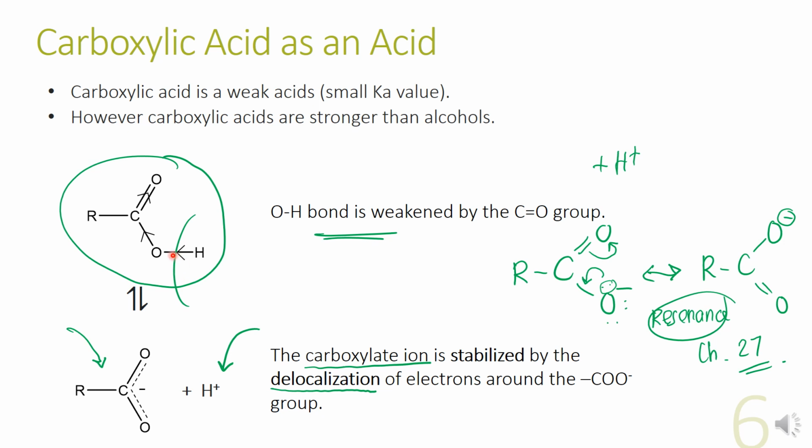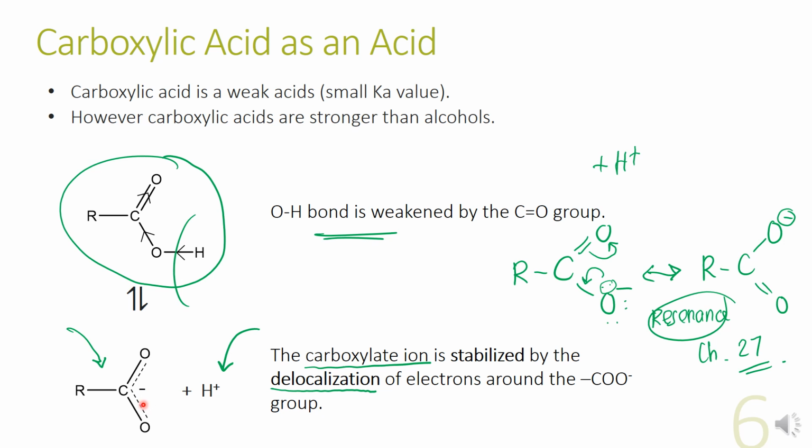It is due to the presence of the carbonyl group here. It will withdraw the electrons. As you can see, the arrow is going towards the carbonyl group, and thus the OH bond here is weakened, easy to break, and thus easy to lose as the H plus ion, forming the carboxylate ion here.